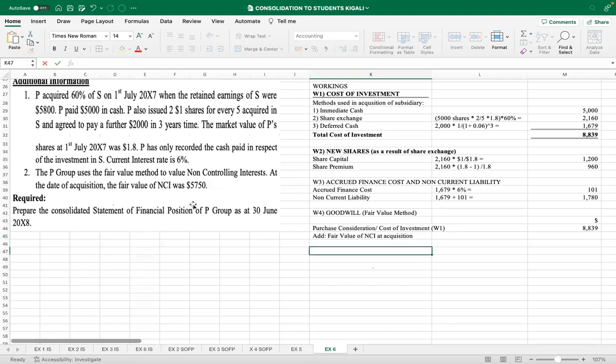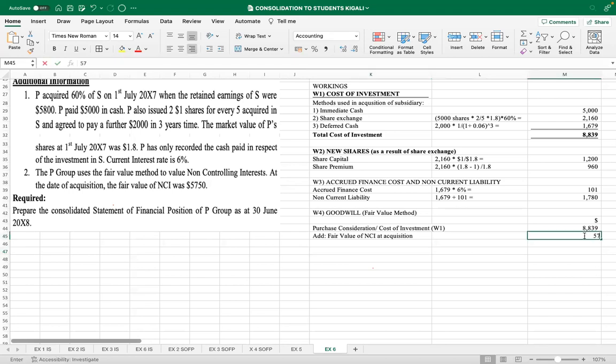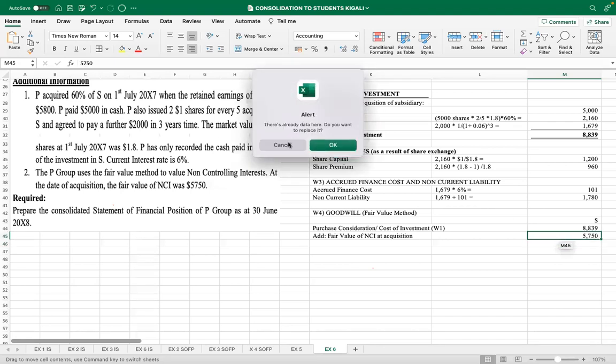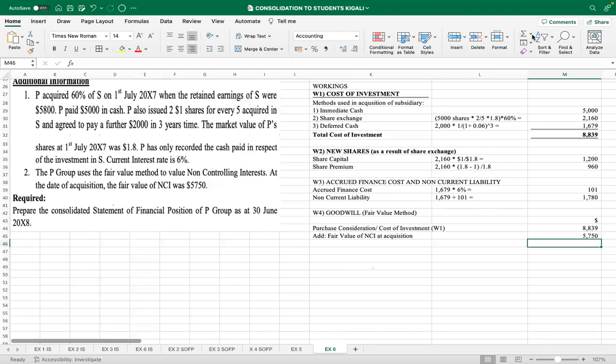So fair value of non-controlling interest at acquisition is 5750. So what is the total value?